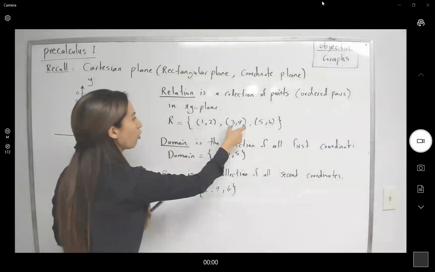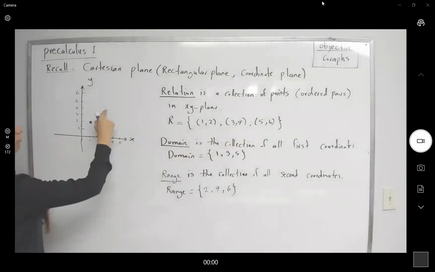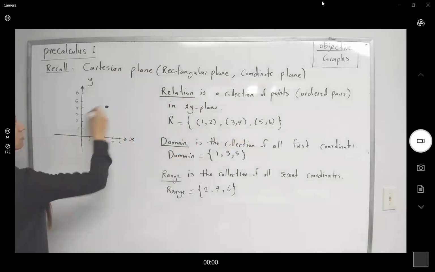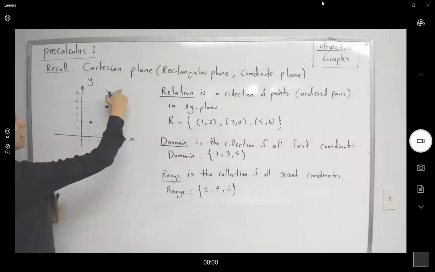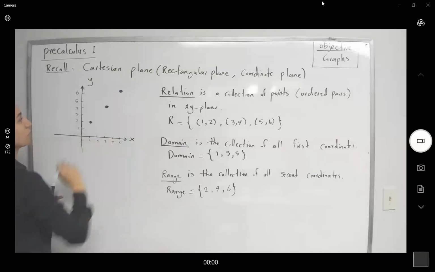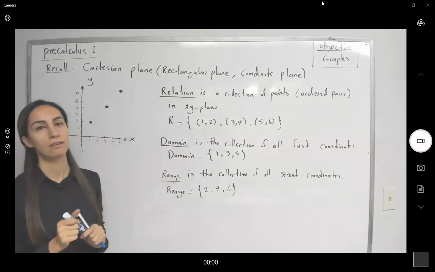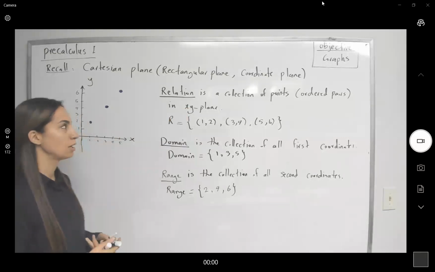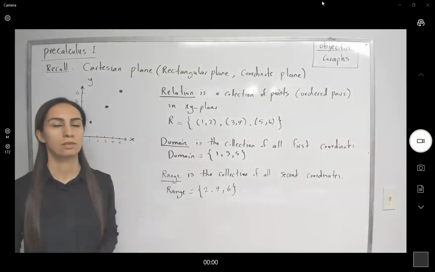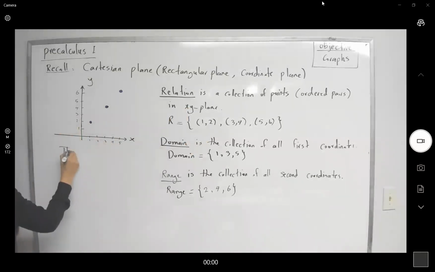The second point, the second ordered pair, is (3, 4), 3 and 4 units up. And then the third point is (5, 6), 5 and 6 units up. So this is the graph of this relation. We are not allowed to connect these dots because this relation is discontinuous. It's not continuous.